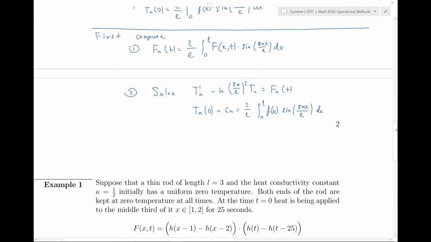Once you produce those solutions, you just add up the building blocks and that will produce your final solution.